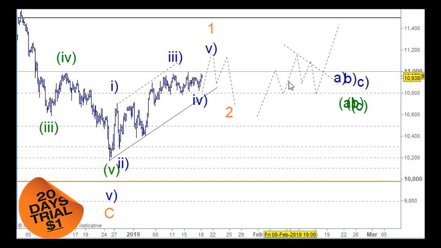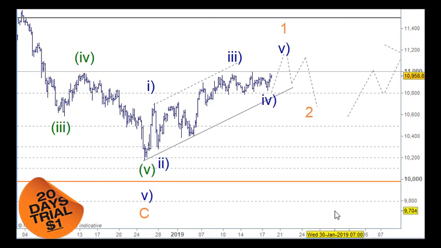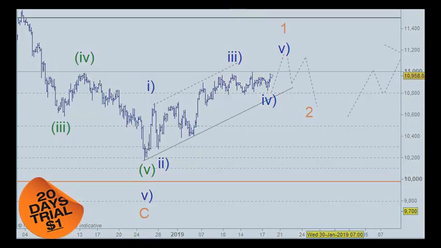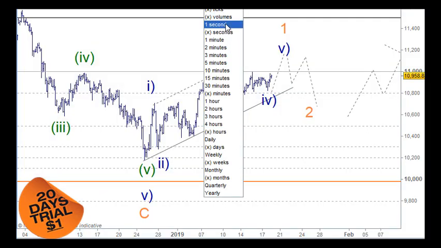Sure, we can trade this up here, but just know where we are within the bigger pattern. That's all you need to do. So I'll just save that, and we'll go into the hourly chart and look at possible.